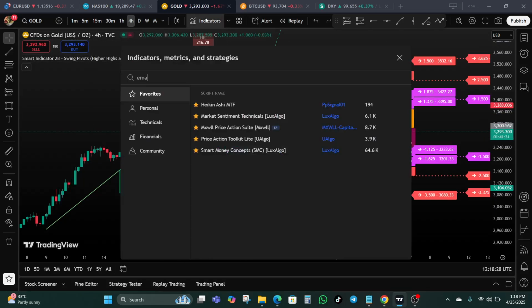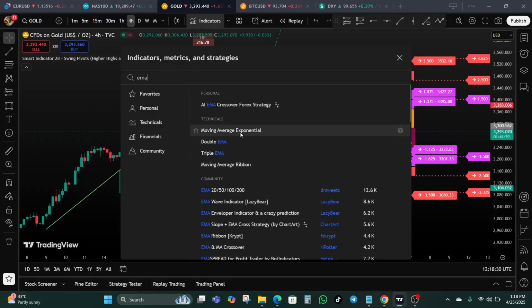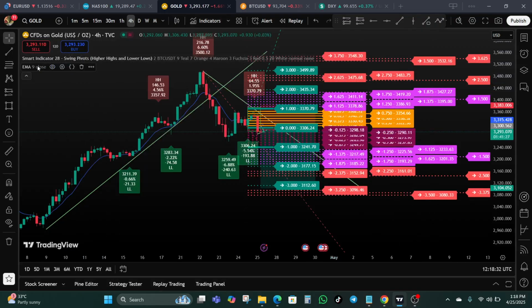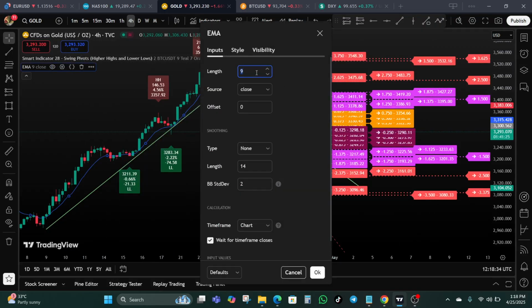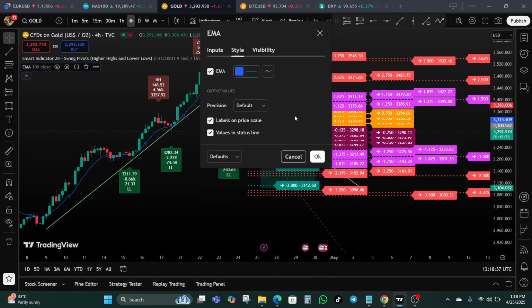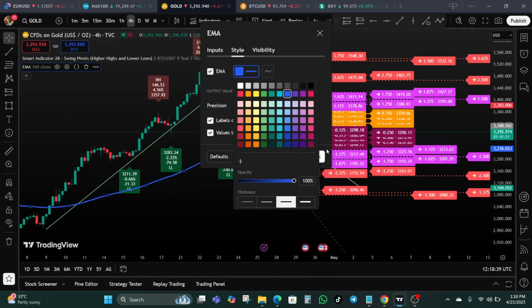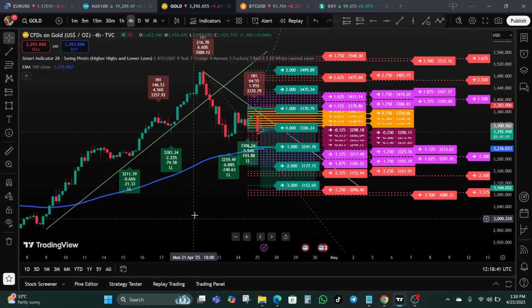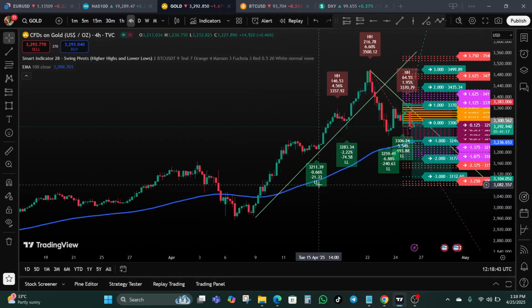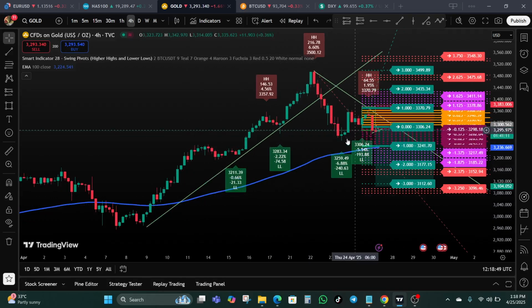For example, let's say we are adding a 100 EMA for the swing. So you look out for, just like I said, price retesting. This is for the trend line, but the EMA is just giving you the overall trend direction.